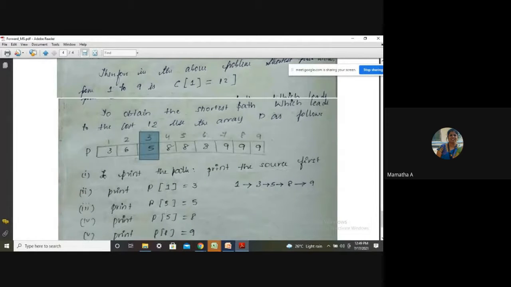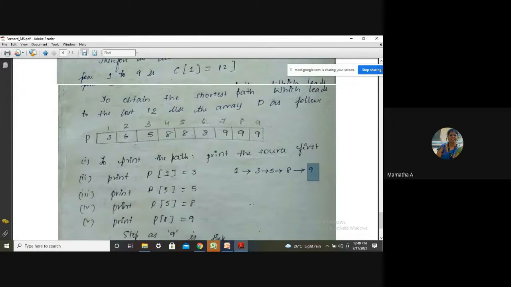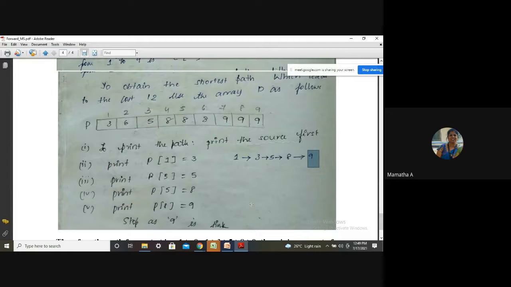P of 3 is 5. So print that. Again from 5, where did you go? From 5, you went to 8. Print P of 5, that is 8. From 8, where did you go? From P of 8, I went to 9. So print 9. And I have to stop at this point.